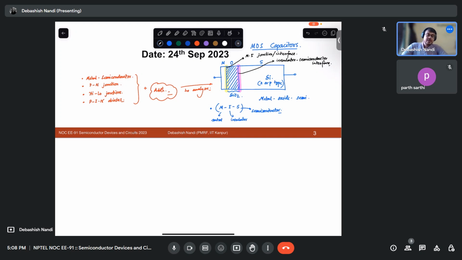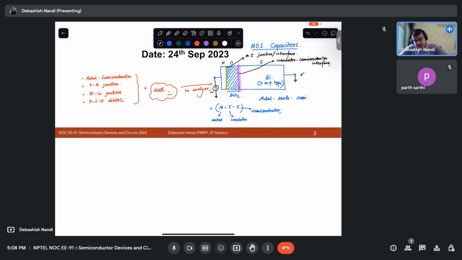What we are interested in seeing is, if you apply some potential, let's say this terminal you take grounded, you can do it the other way around also. You can apply potential here and make this one grounded. So with respect to the other terminal, if you apply some voltage here, how do the characteristics of this device change?